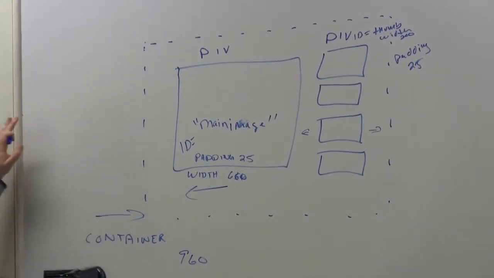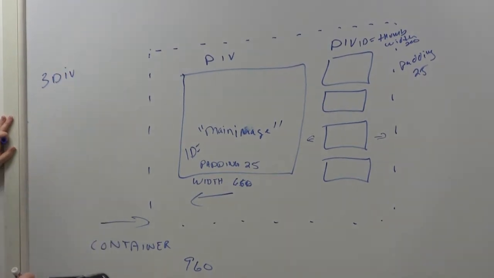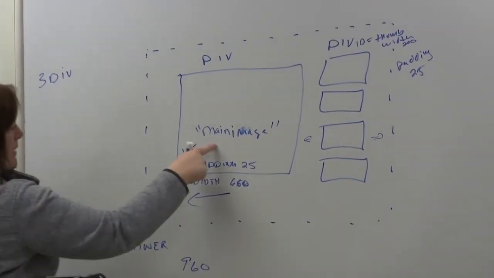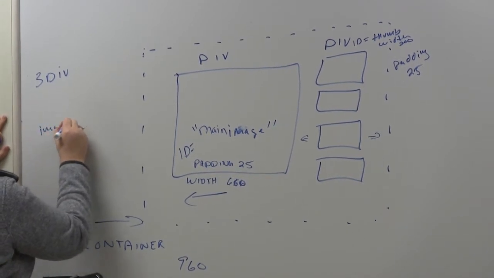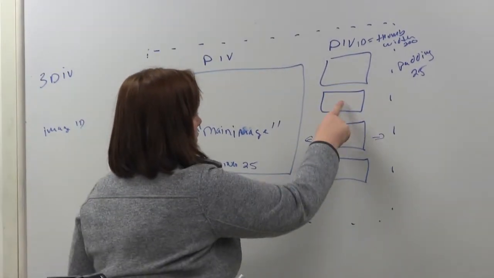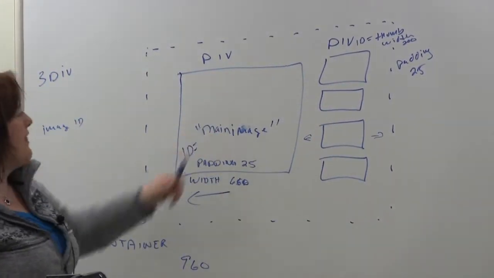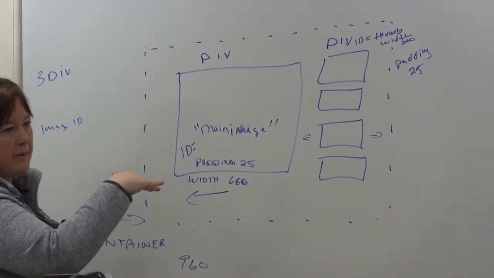So we need 3 div tags, each with an ID. We need an image here with an ID. And it's not a bad idea to give each of these images an ID, but it's not required. We're going to set the width only for mine because my images are of a different height, but they're all the same width.